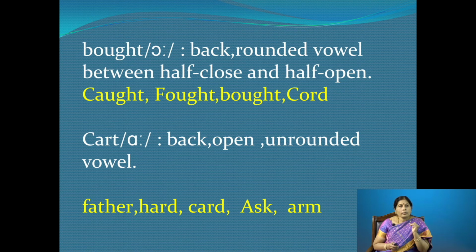You say the words bought, back part is raising, right? Caught, fought, bought. This is a long vowel. Back rounded vowel, lips are rounded, between half close and half open.